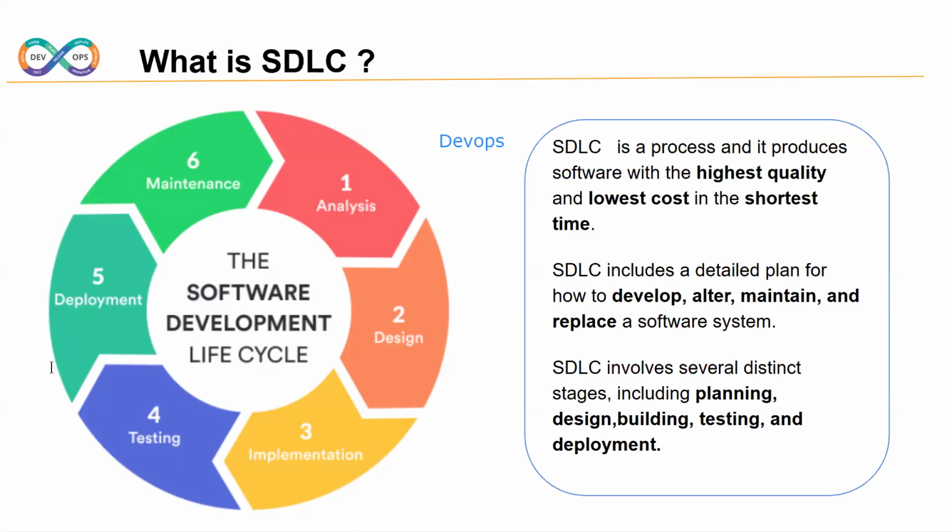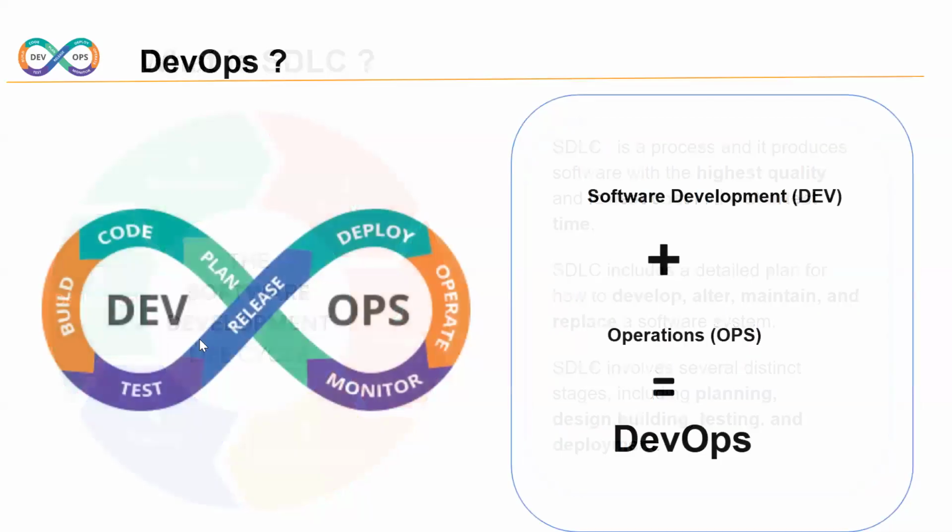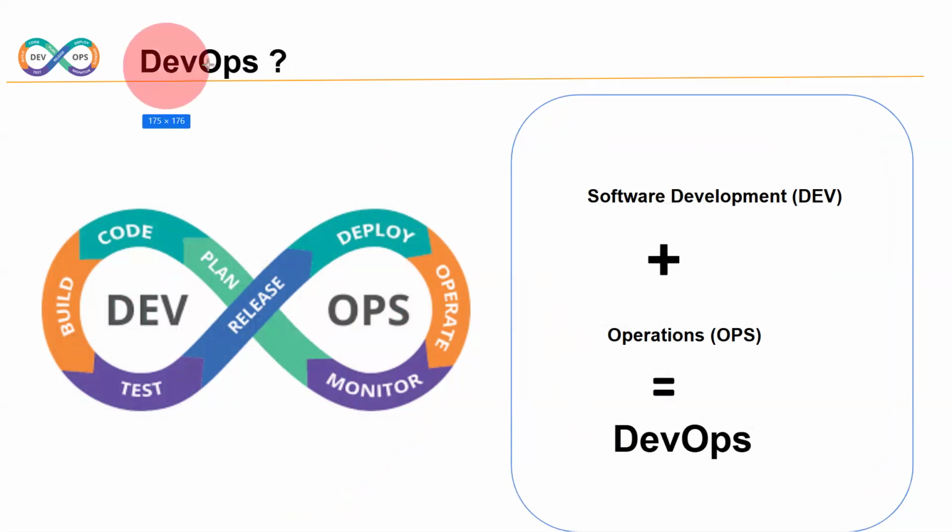So let us understand, guys. First, what is DevOps? DevOps means the combination of software development plus operation. Software development plus operation, we call it DevOps.